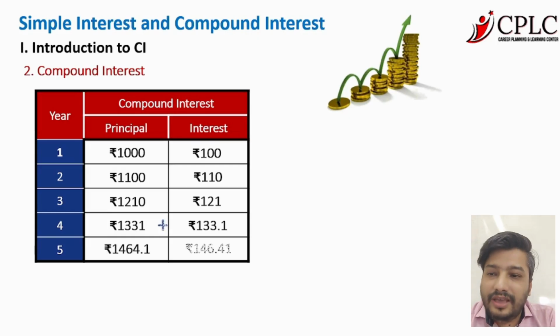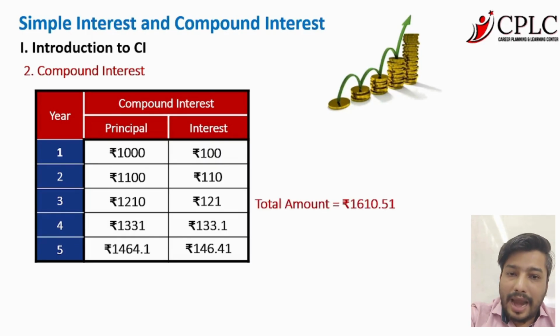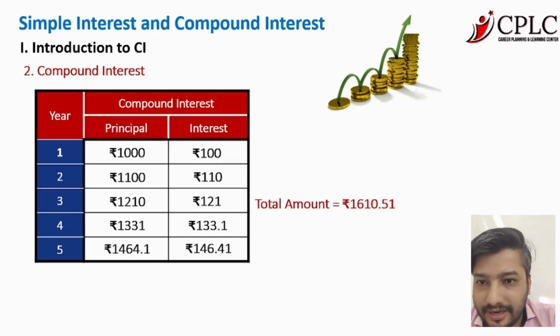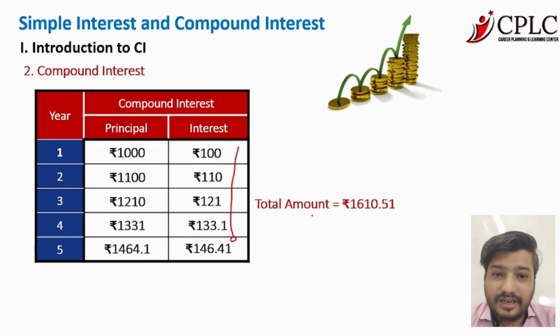After 5 years, let's say someone asks you how much amount you are going to generate, you'll have to add all the 5 interests and also the principal of 1000 rupees, so that makes it 1610.51 as your number. And as you can clearly see, the interest keeps on increasing, unlike simple interest where the interest was constant, where it was fixed. So this is really the idea of compound interest that you need to understand here.